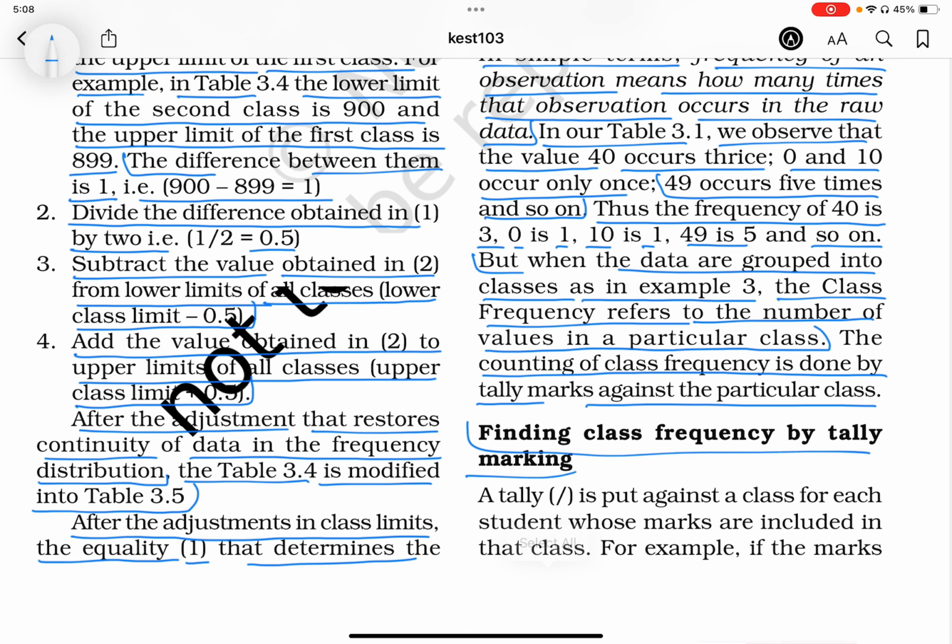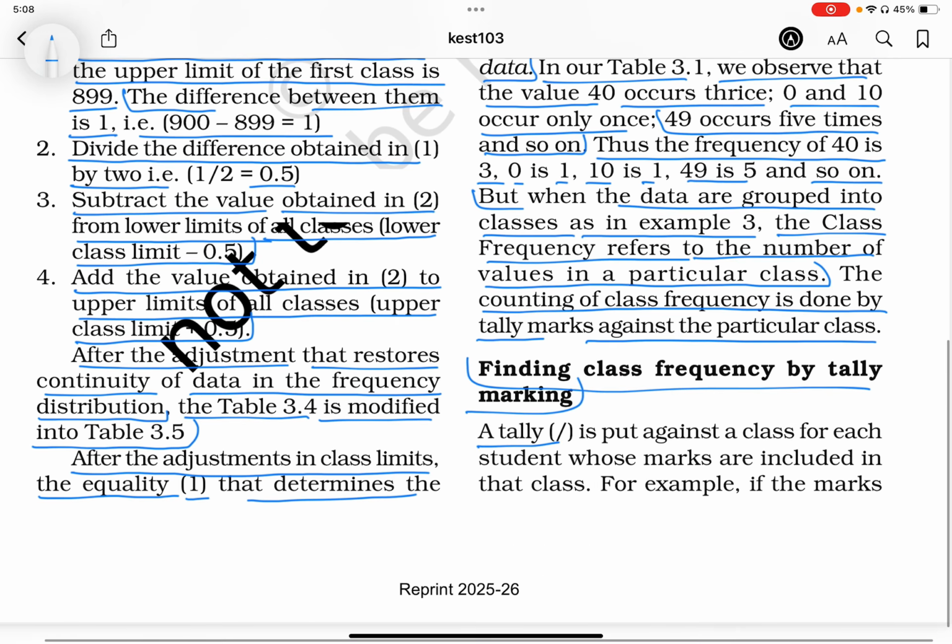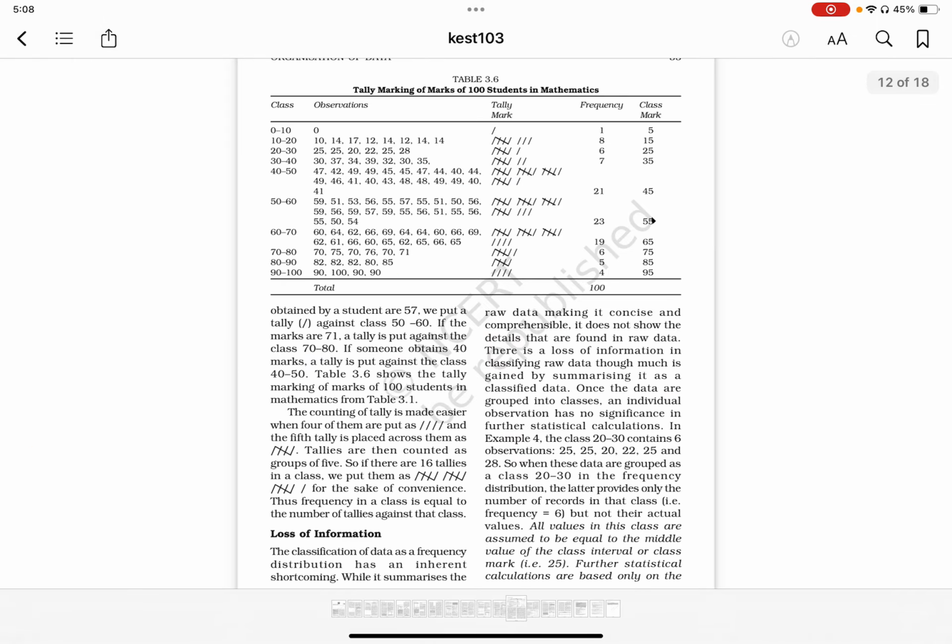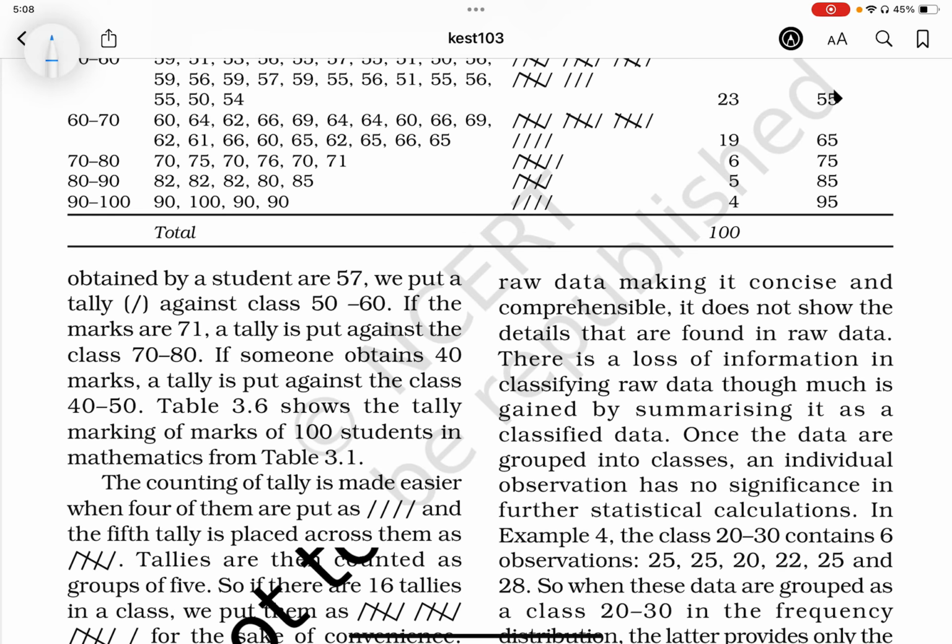Finding class frequency by tally marking. A tally sign is put against a class for each student whose marks are included in that class. For example, if the marks obtained by a student are 57, we put a tally against 50 to 60.